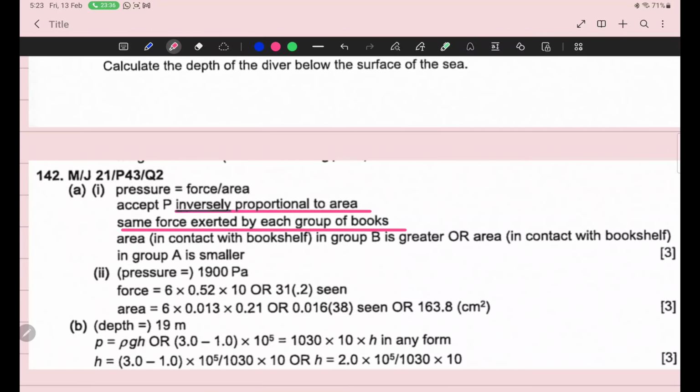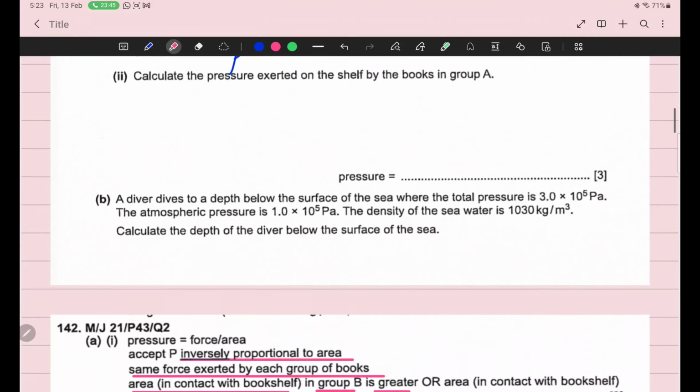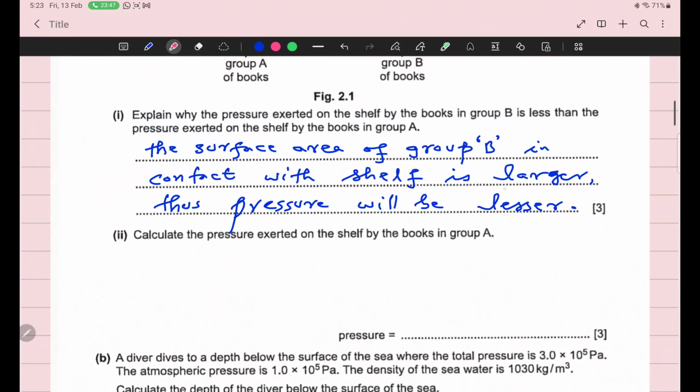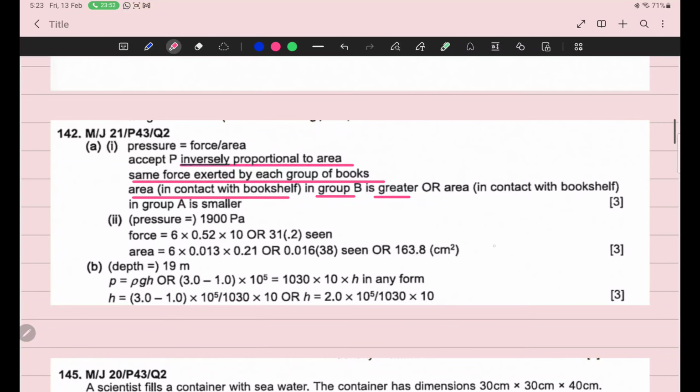Same force by each book. Area in contact in group B is greater. So when area in contact is greater, pressure is smaller for group B.